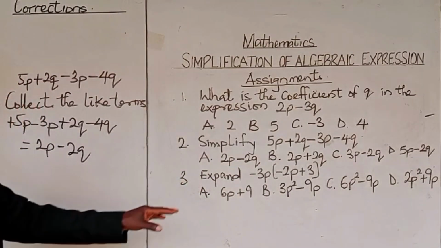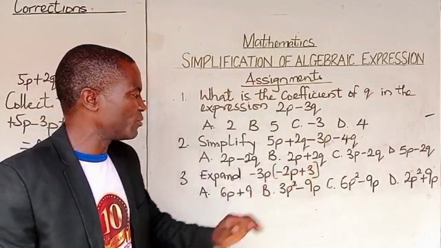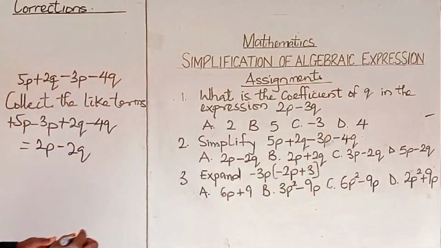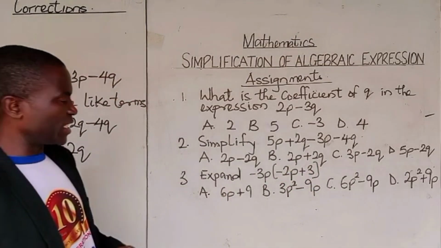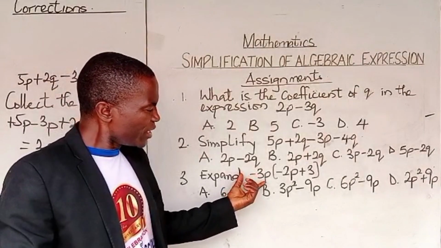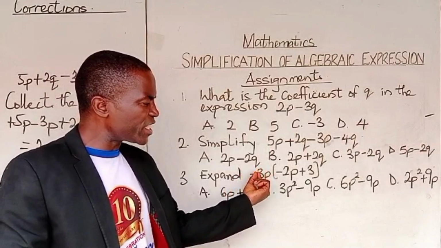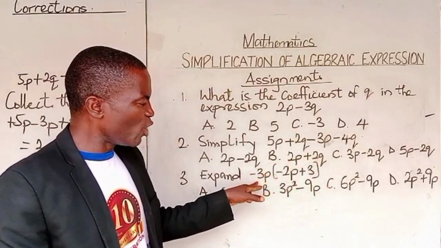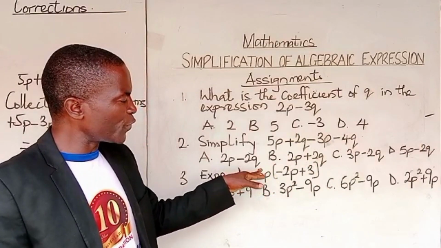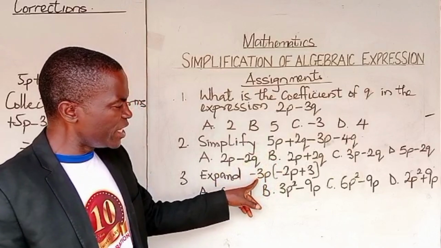We have expand minus 3p into bracket minus 2p plus 3 bracket close. How do we solve that problem? Like I told you in the last class, this expansion means you want to make use of this appropriate key to open the room. And thank God you are going to open the room from the front door. And so you are going to use this appropriate key to open the room.